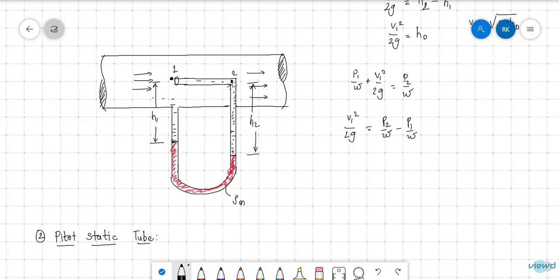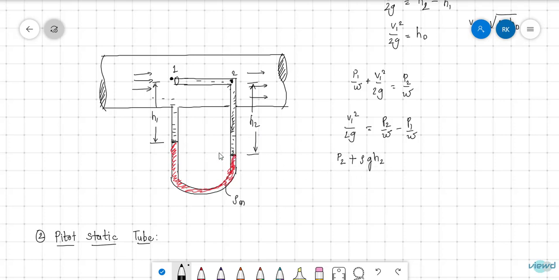In this also, here the pressure is P2, and as we go deep into the fluid, we need to add rho GH. So rho of the fluid, G into the height is H2.